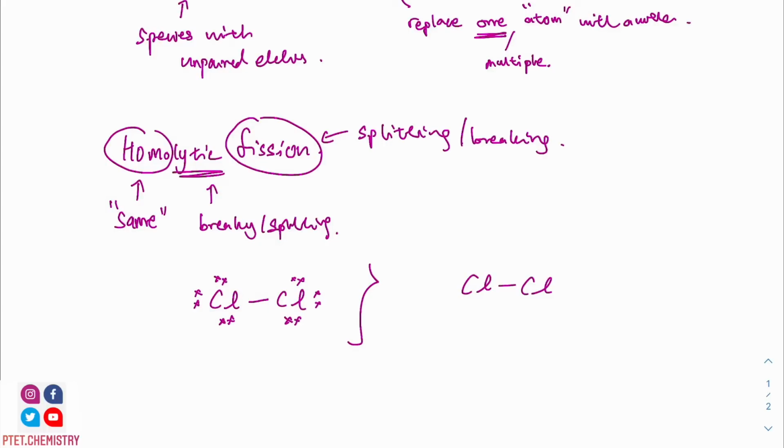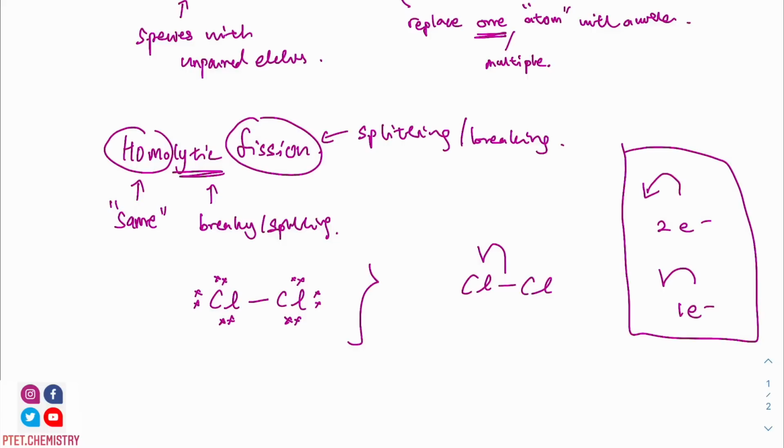To show mechanism, we use arrow. But we are talking about homolytic fission, so we are talking about half-headed arrow. This is a half-headed arrow because it represents a flow of 1 electron. A full-headed arrow, like this, is 2 electrons. Half-headed arrow is 1 electron.